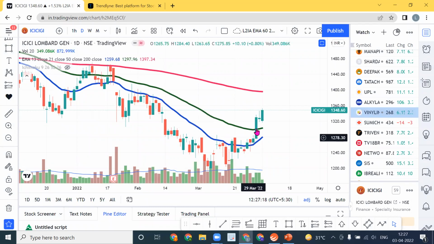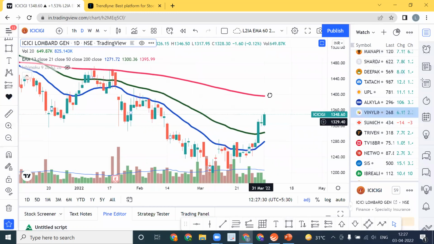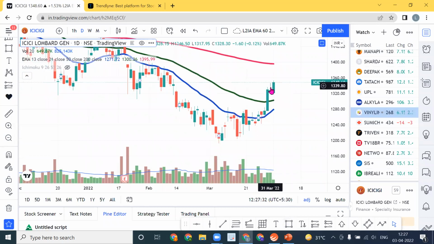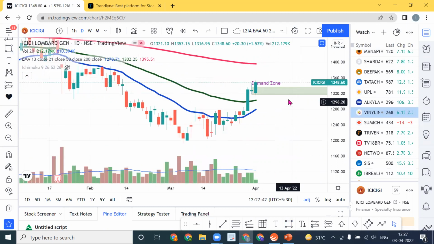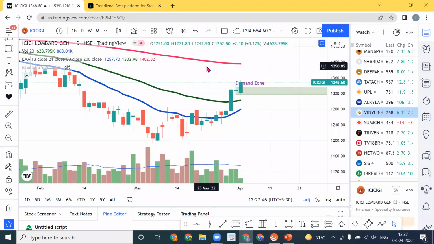Okay, there's a demand zone here, there's a demand zone here. The stock is still below the 200-day moving average. It has become above the 21 and the 50-day moving average. That's a positive sign. A demand zone has been formed here. Don't buy, exit the stock at appropriate levels.